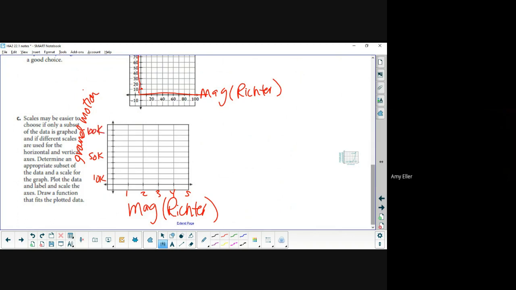You can save yourself some zeros and write 10K instead of 10,000. Once you're done, connect your points.